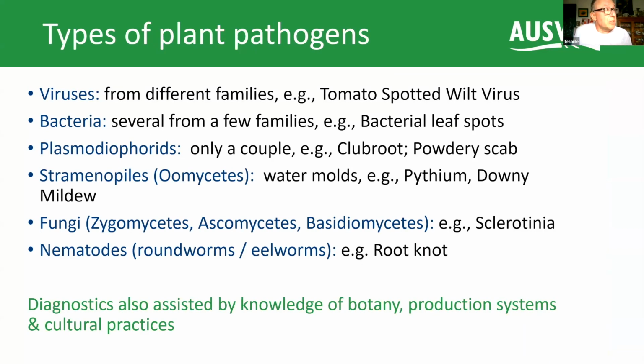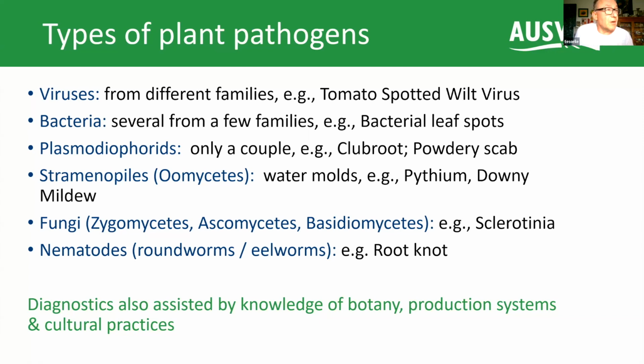So when we look at the types of plant pathogens causing diseases, we think about viruses, and as I said, they're very, very small, so you need very sophisticated microscopes of about 30,000 times magnification to see them. Tomato spotted wilt is one, but there are many different viruses, some spread by thrips like tomato spotted wilt and impatiens necrotic spot virus, others spread by aphids.